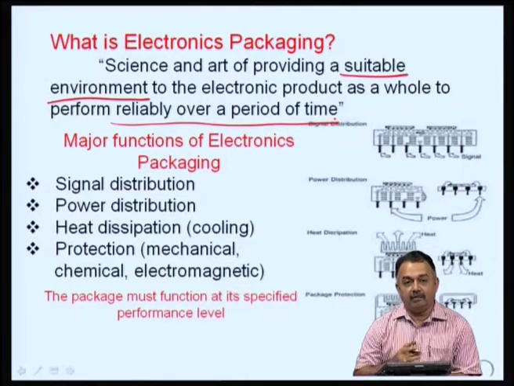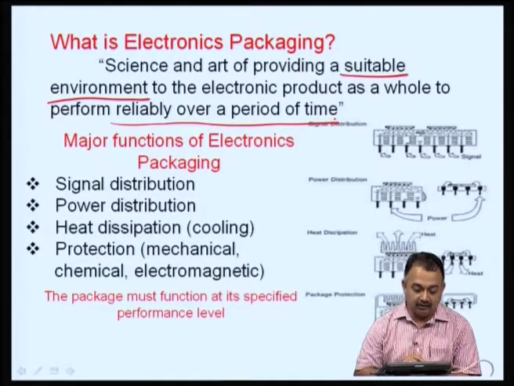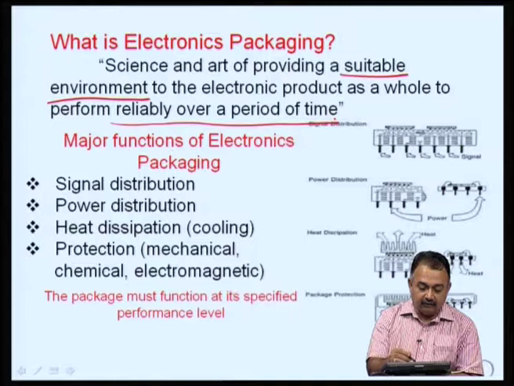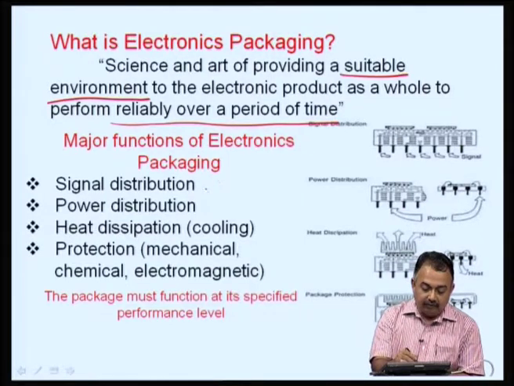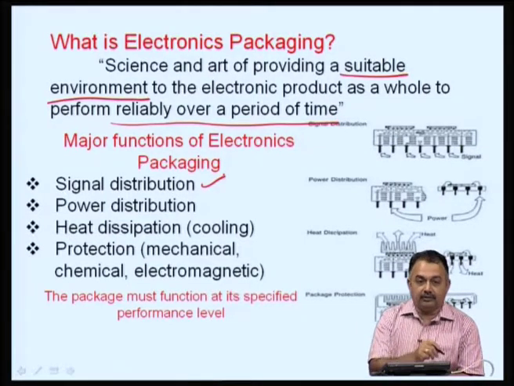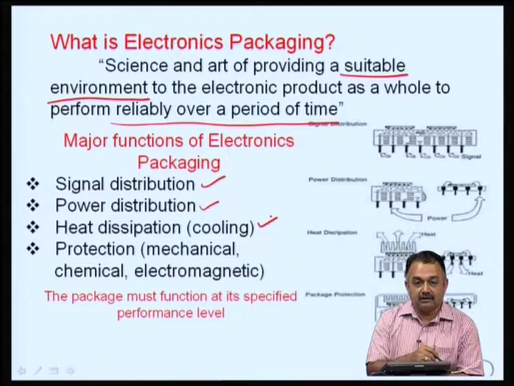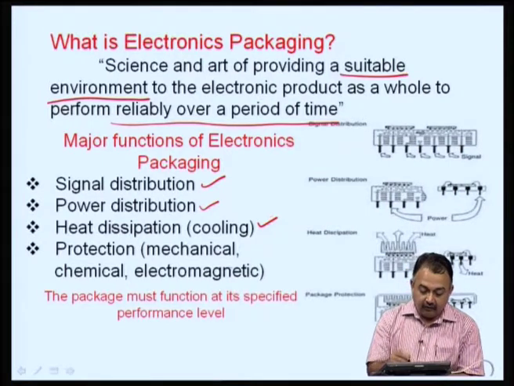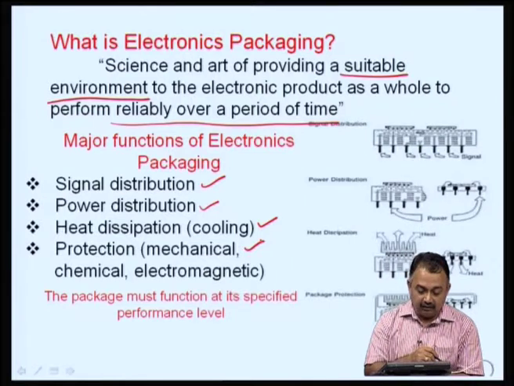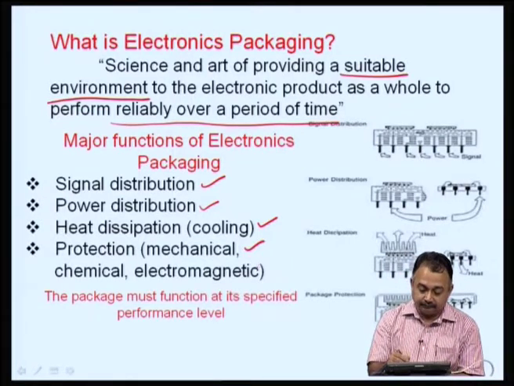When you say reliability, electrical reliability should be built in, thermal reliability should be built in. The major functions of electronics packaging would be efficient signal distribution, efficient power distribution, efficient heat dissipation or cooling of the system or the device, and good protection including mechanical, chemical, and electromagnetic.